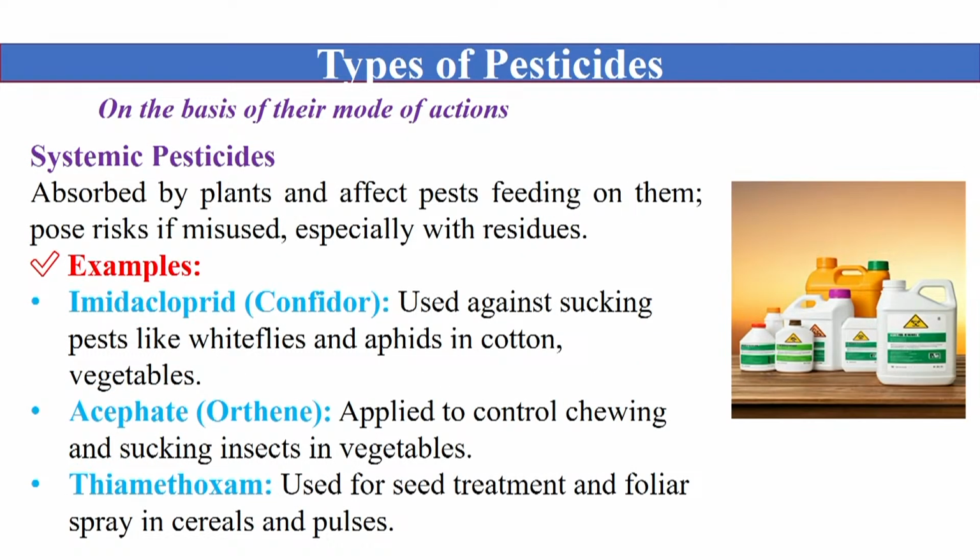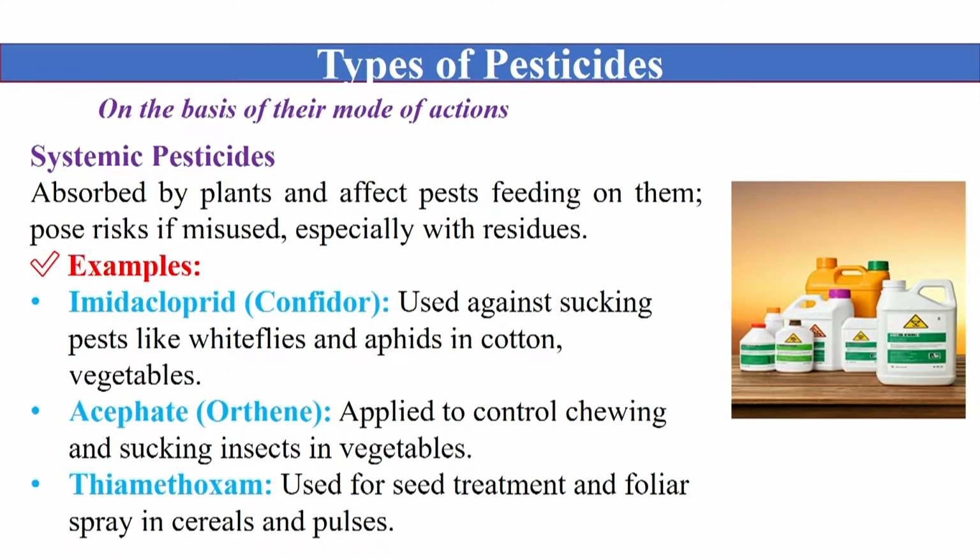Another type is systemic pesticides. These are absorbed by the plants, and they affect the pests feeding on them, and they pose a risk of misuse, especially with residues. For example, imidacloprid is used against sucking insect pests like whiteflies and aphids in cotton as well as vegetables.